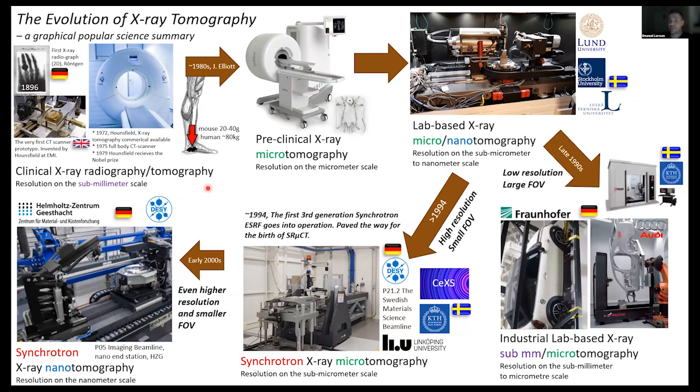But in parallel to this, there were also other initiatives where instead one wanted to have a broader field of view but at lower resolution, as in this example from Fraunhofer or Audi in Germany, where they can do a CT scan of an entire car.